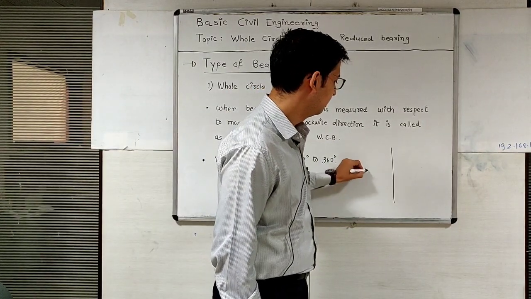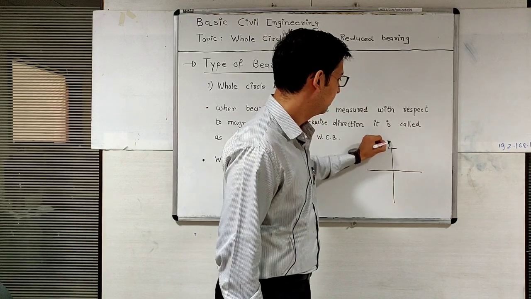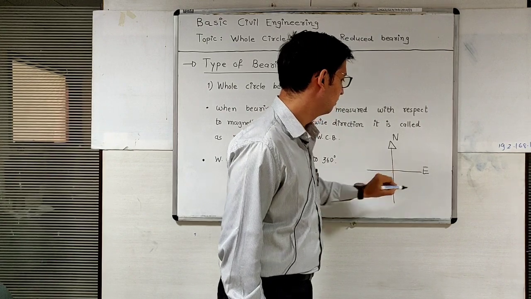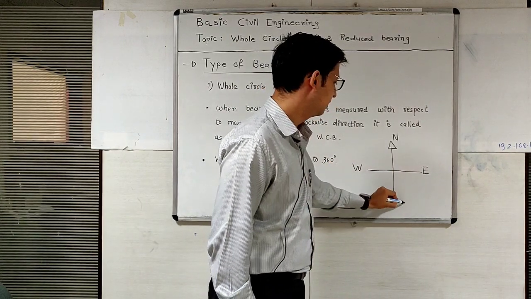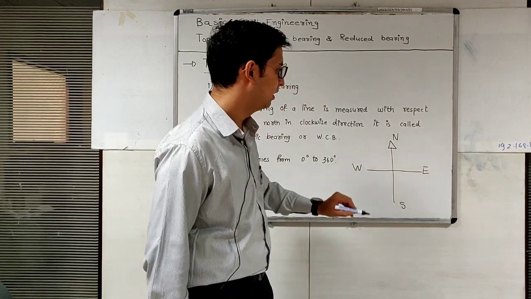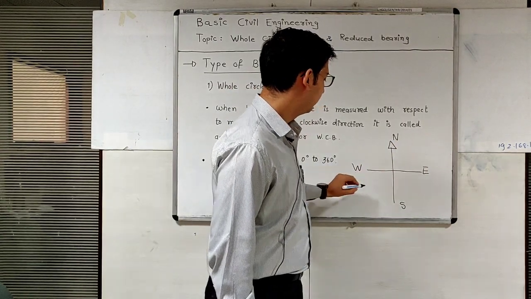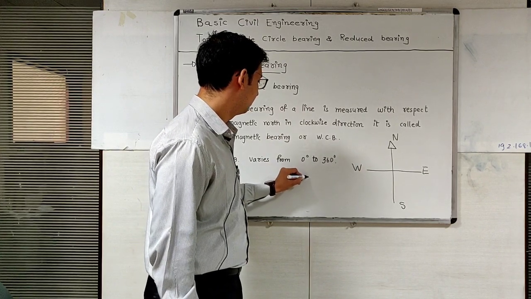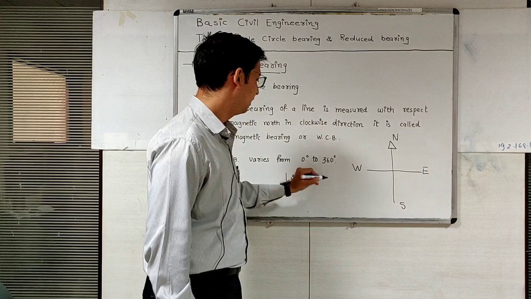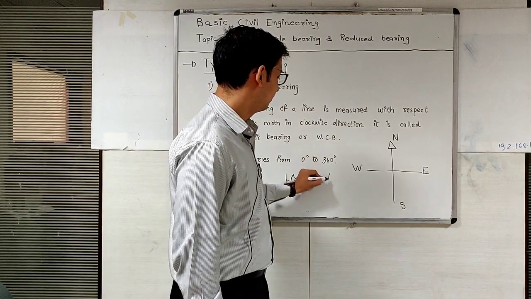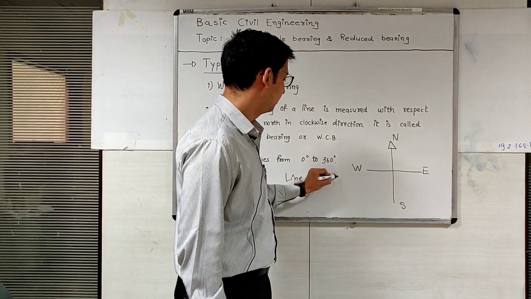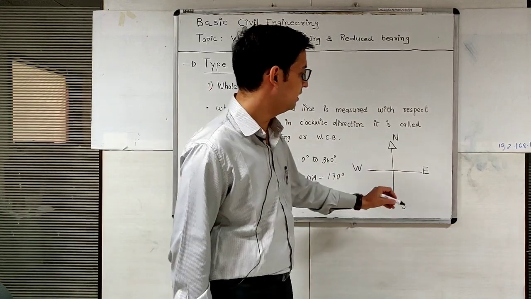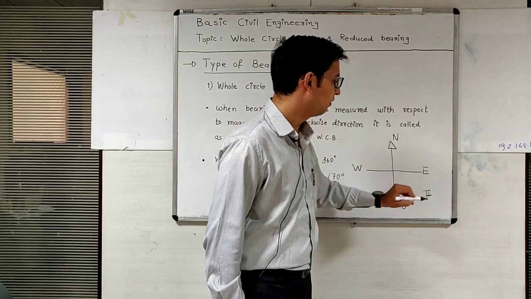Likewise, here you can say it is the magnetic north pole, east, west and south. If the line OA has a bearing of 170 degree, 170 degree means it lies in the second quadrant.